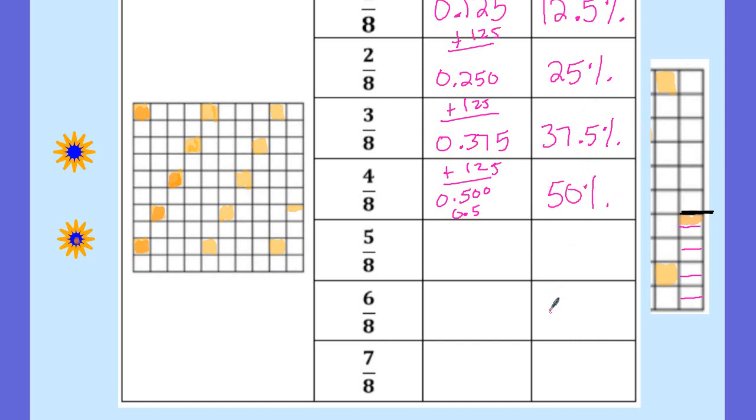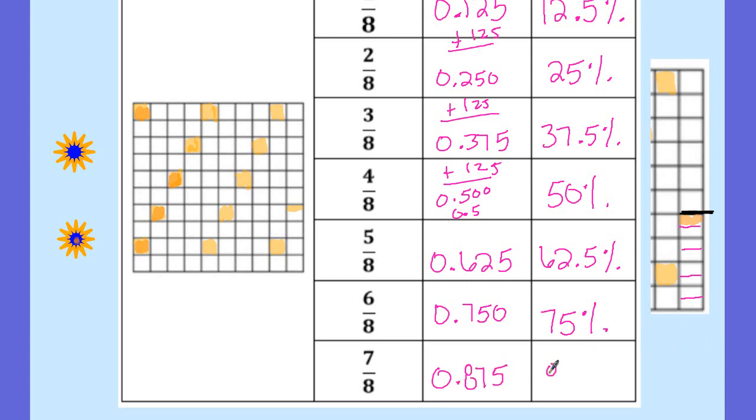And I continue to do the same thing, and 5/8 is going to be 625 thousandths, which is 62.5%. 6/8 is going to be 750 thousandths. You could always drop that last 0 and list it as 75 hundredths. The percent would be 75%, and 7/8 would be 875 thousandths, which is 87.5%.